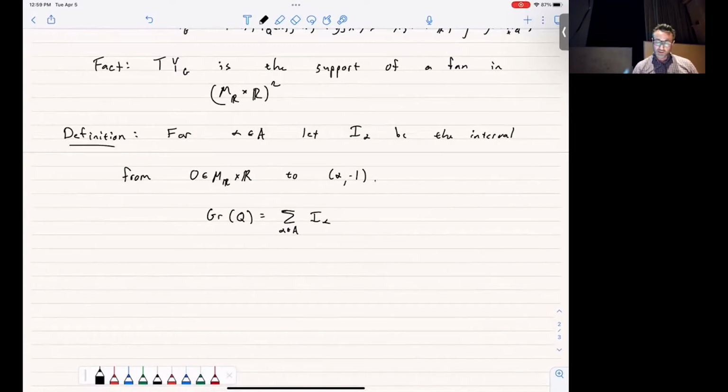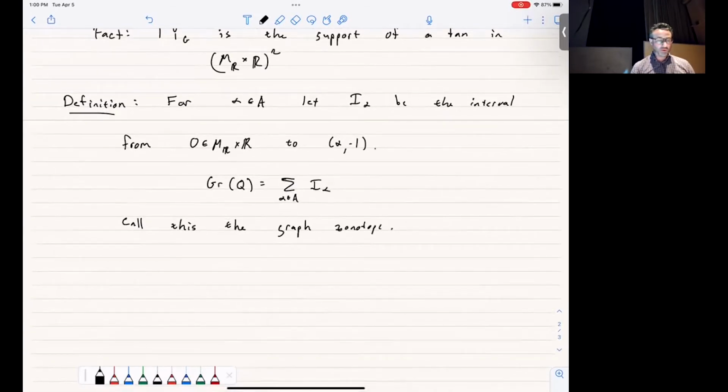But let me give the formulation here. Call this the graph zonotope or polytope of Q.